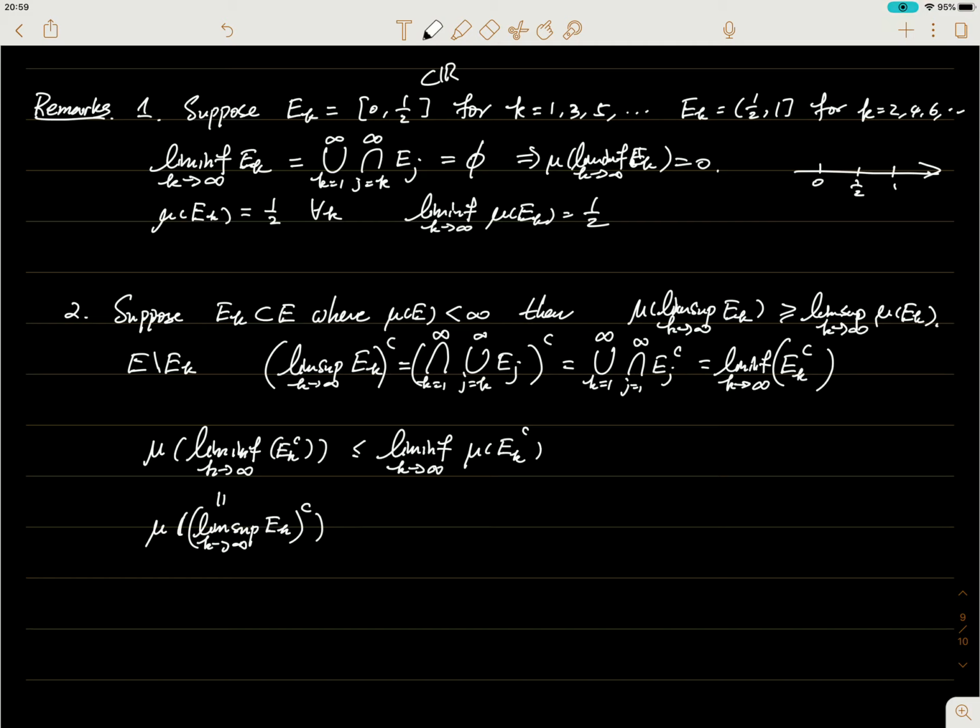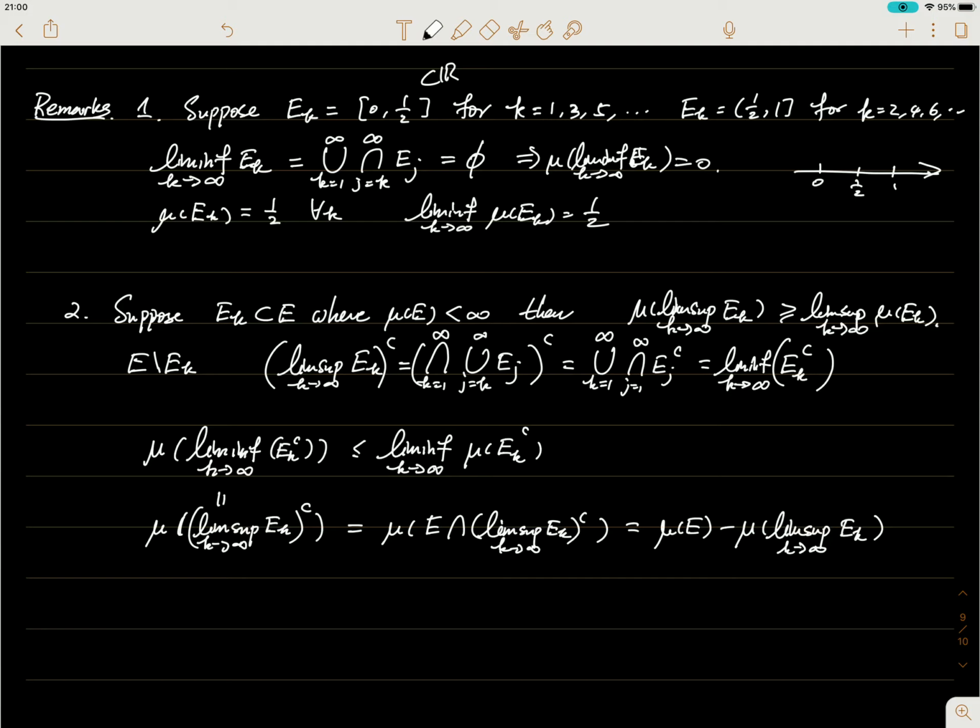Let's say that E is the universe, the whole set, and we can just say that the complement of that is just mu of E intersect with this lim sup. And this is just equal to the mu of E minus the mu of the lim sup of Ek.